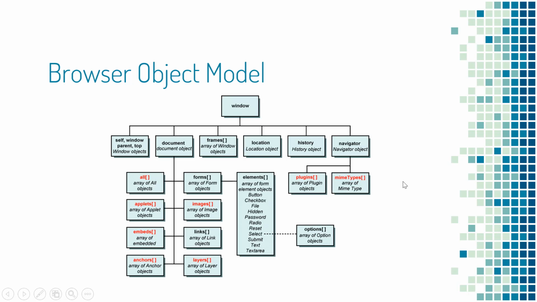If you recall, when we talked about the structure of any HTML page, we said we have a head area and a body area, and when you want to show something on the body area, you add your objects there in the body. So everything should be in a tree. For example, you have applets, anchors, forms, links. All these tags that we learned before could be represented as an array of objects.